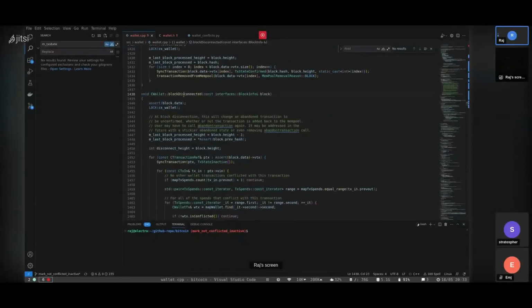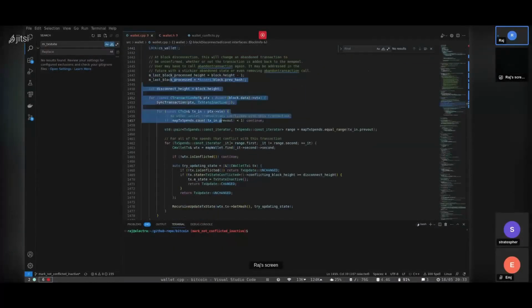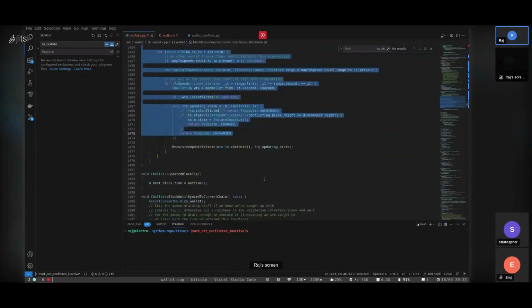So here, BlockDisconnected was marked with EXCLUSIVE_LOCKS_REQUIRED. If we go to the definition, in wallet.h it will have EXCLUSIVE_LOCKS_REQUIRED(cs_wallet), and until it can lock cs_wallet, the rest of the function will not happen.